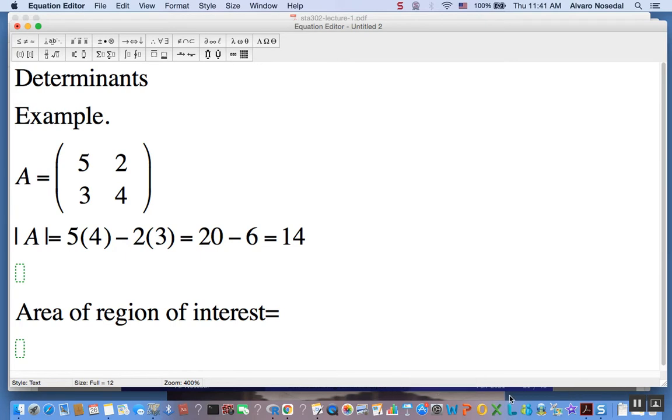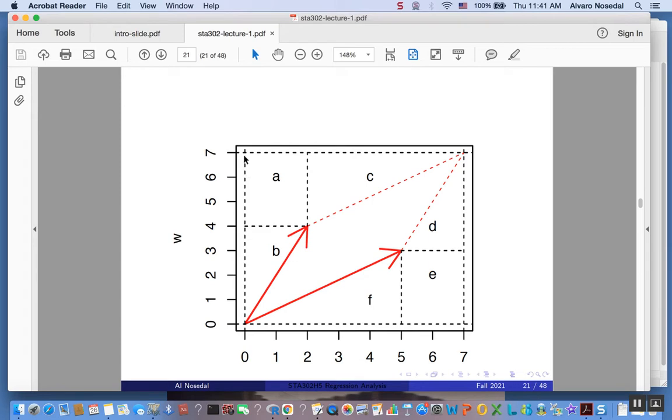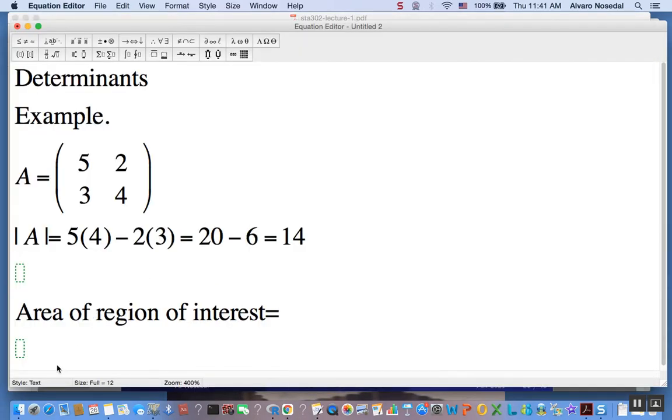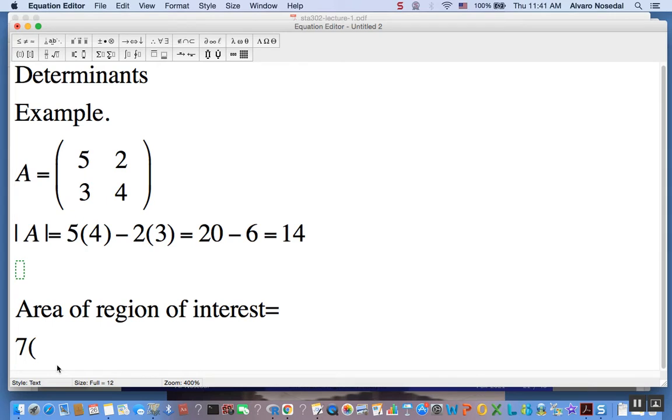Let's go back to our graph. So first, the area of that rectangle, 7 times 7. 7 times 7, that's going to be 49.